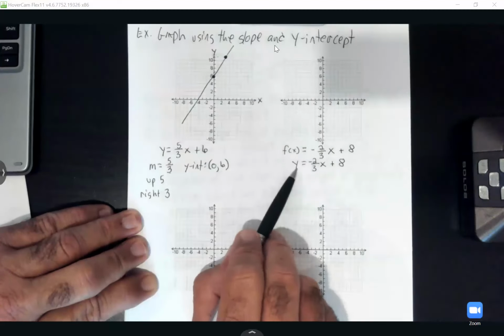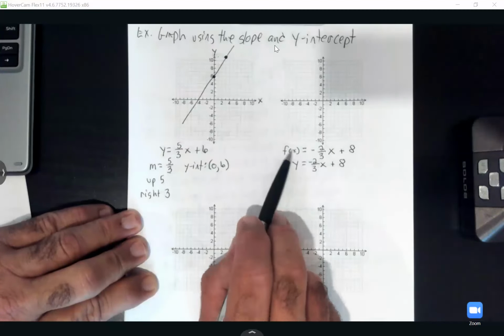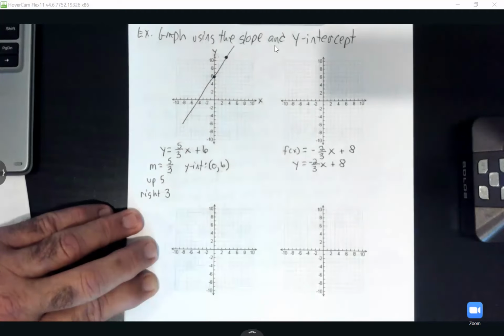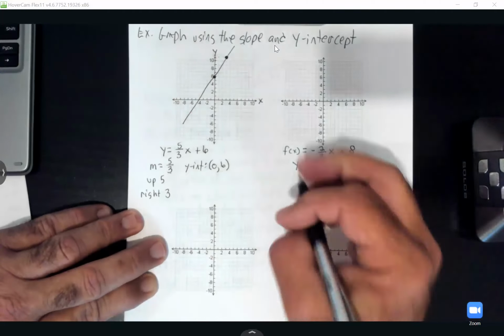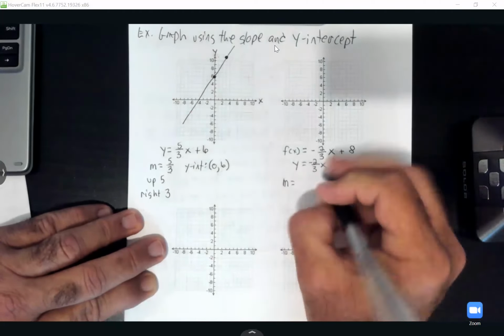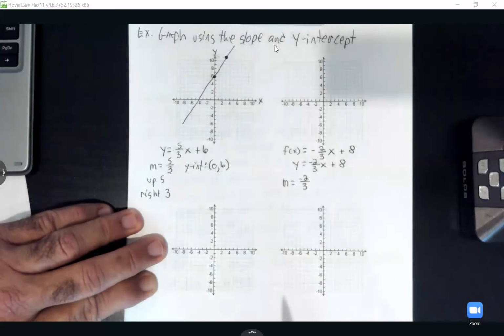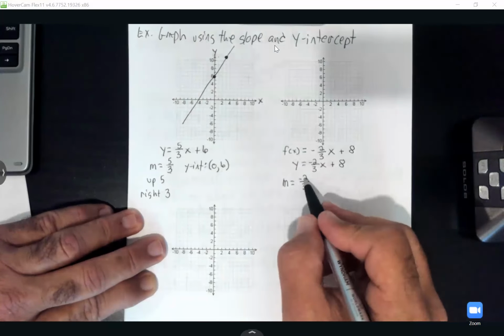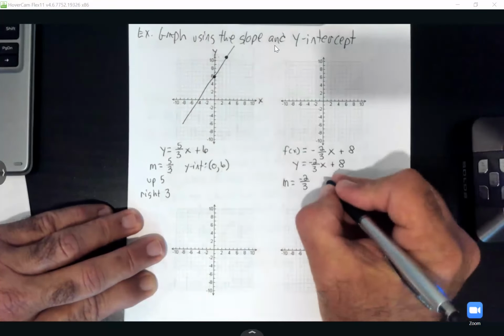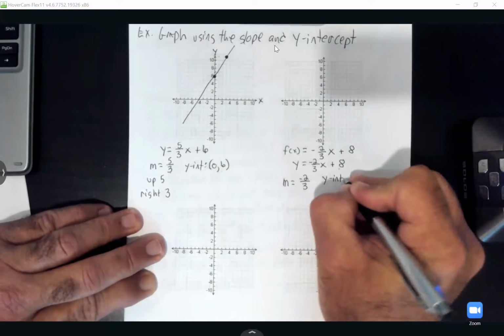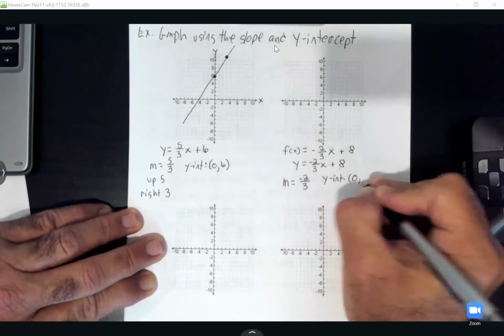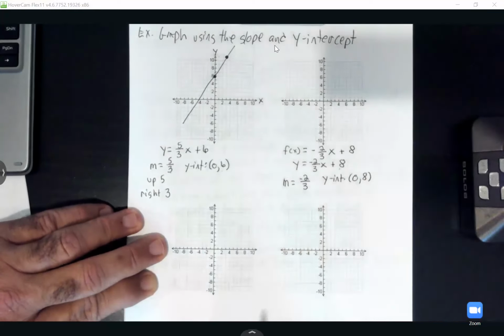So f of x is still a y. It's just in function notation versus variable notation. So here's my m. My m on this one is a negative 2/3. Remember, keep the negative up top. My y-intercept is going to be 0, 8.